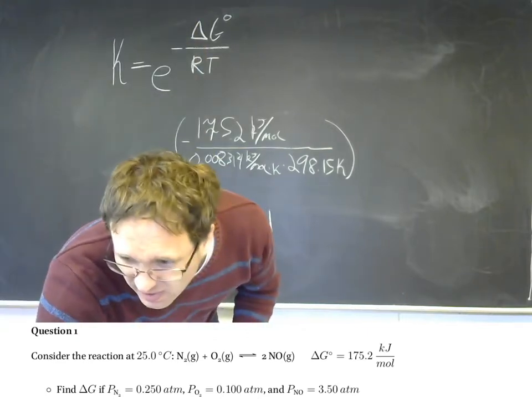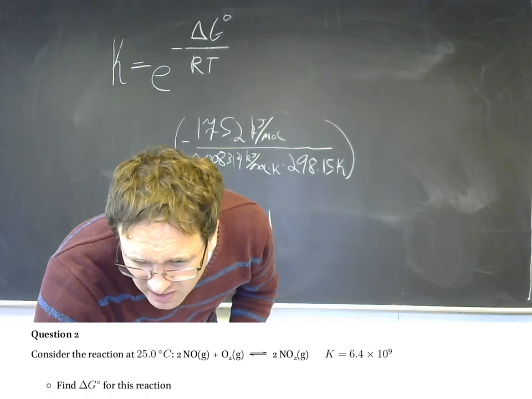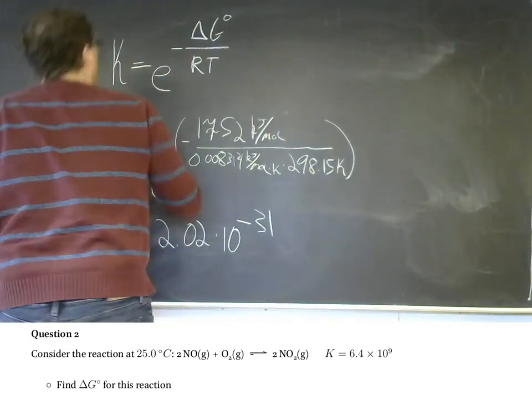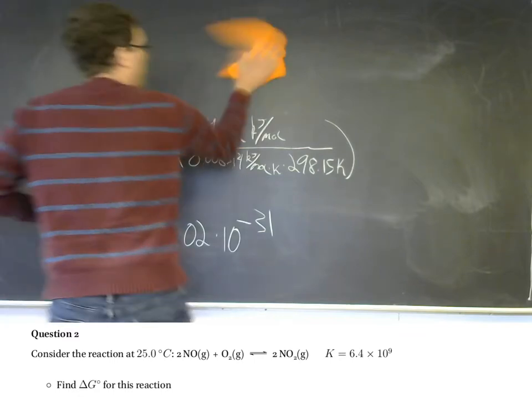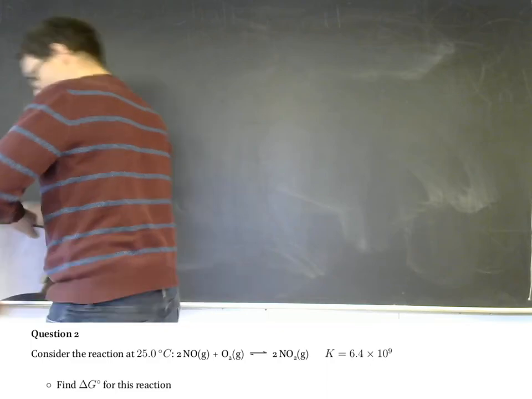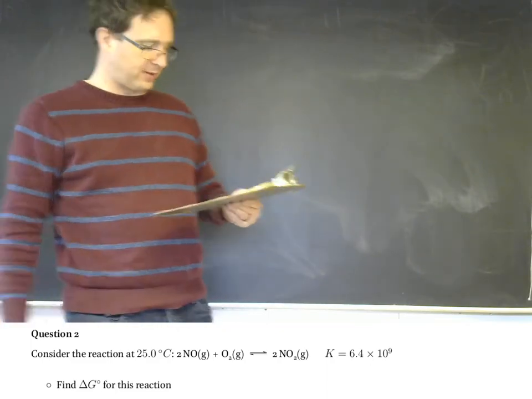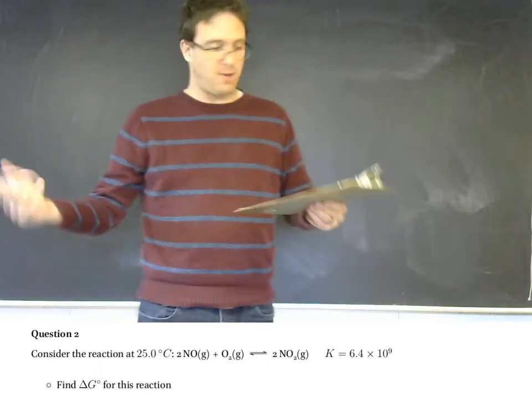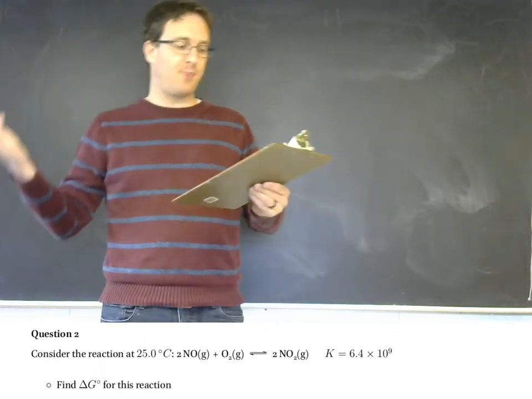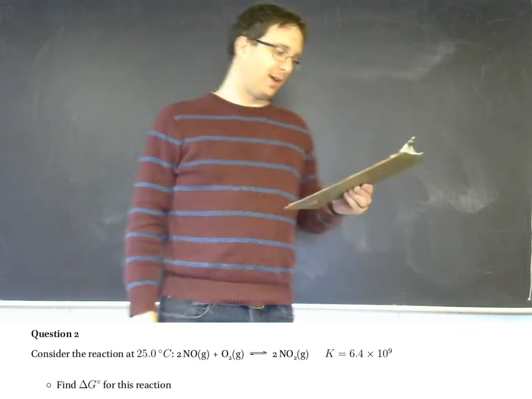Okay, let me scroll down to question number 2. So here we have the reaction of that nitrogen monoxide recombining with oxygen to form nitrogen dioxide.